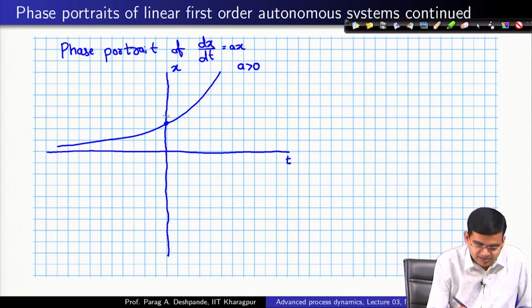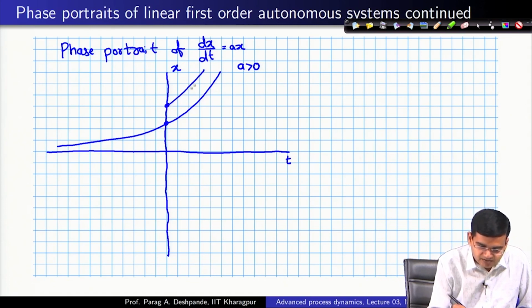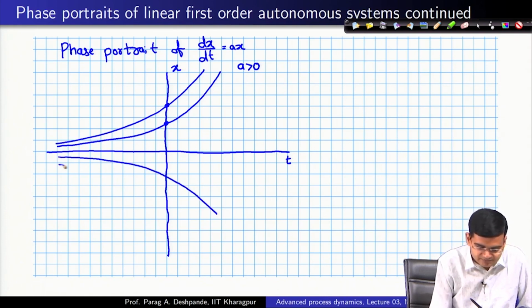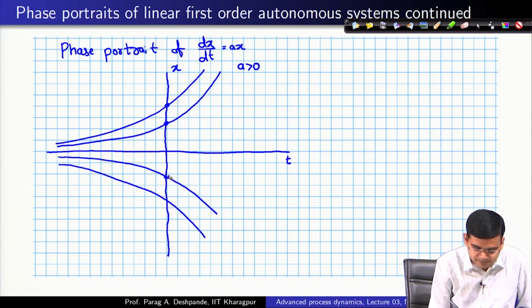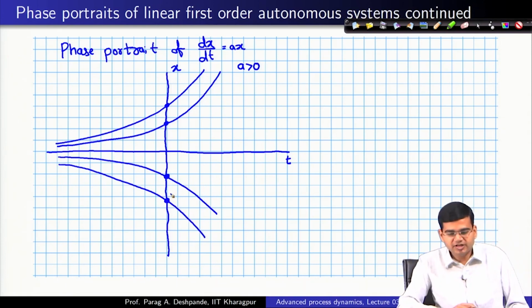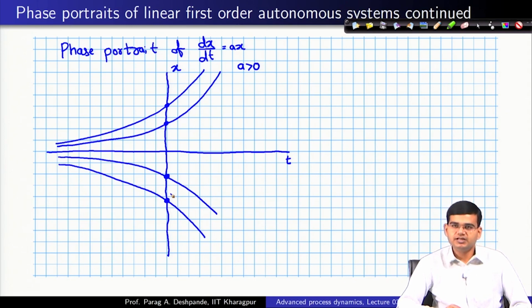Okay. Similarly, for different values of initial conditions, you can draw different possibilities. So, these are different initial values and you can draw it for various values of A, but the condition is that in all the cases A has to be greater than 0.